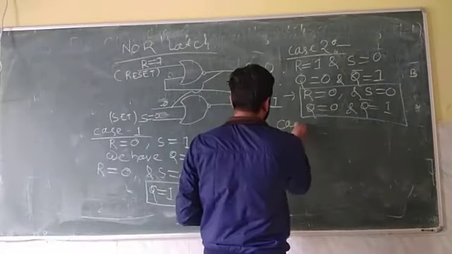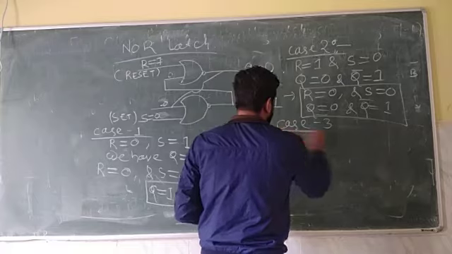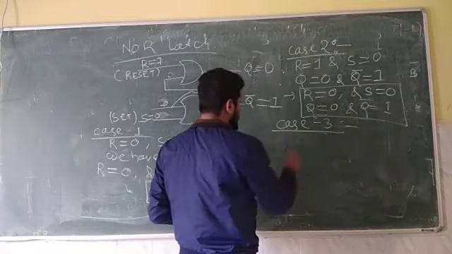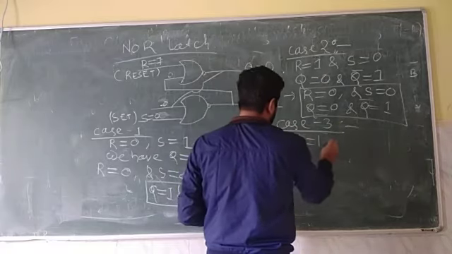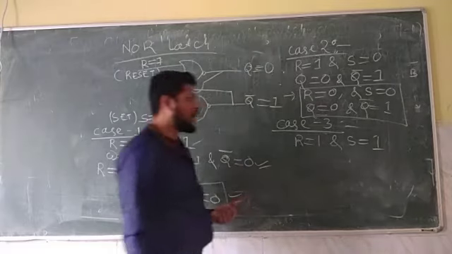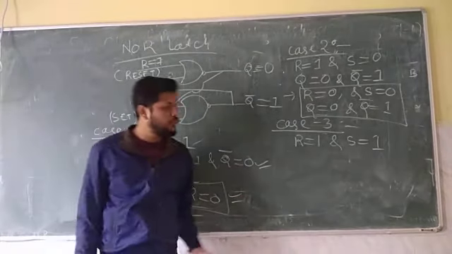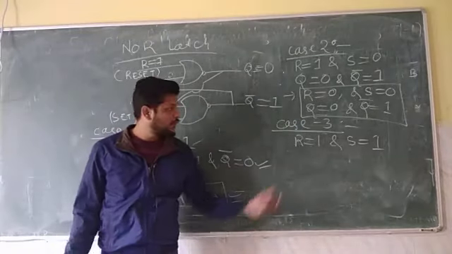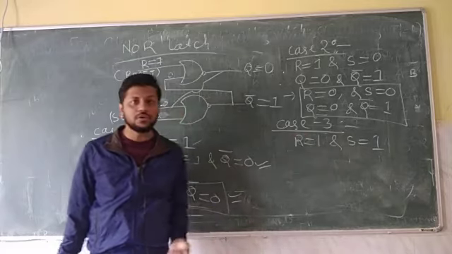So again we will see case 3, which is very very important. See here, R is equal to 1 and S is equal to 1. So now the race will occur. Then which gate will turn on first when R is equal to 1 and S is equal to 1?